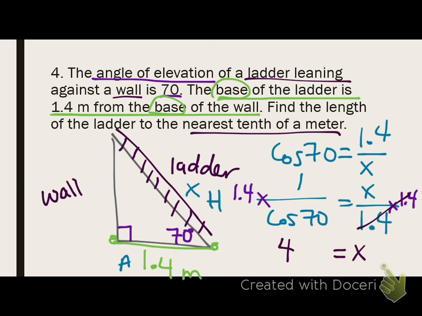Do we agree? What did you type in? Did you type in 1.4 times 1 over cosine of 70? Yeah, he was correct. It's 4.1 meters. I'm not stressing you.